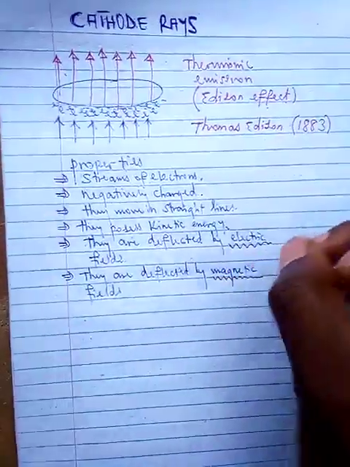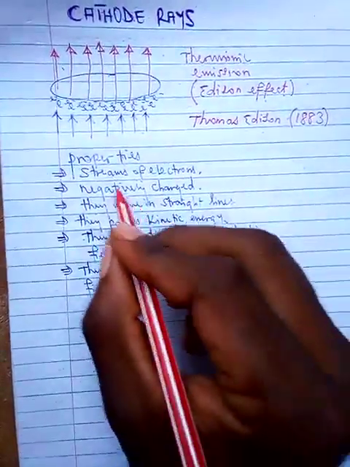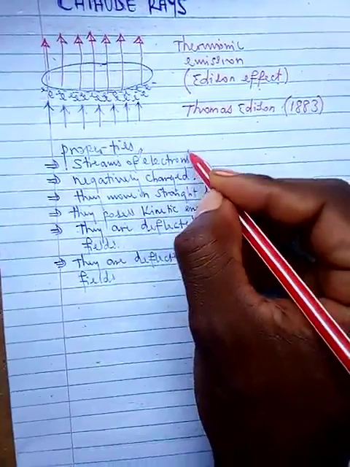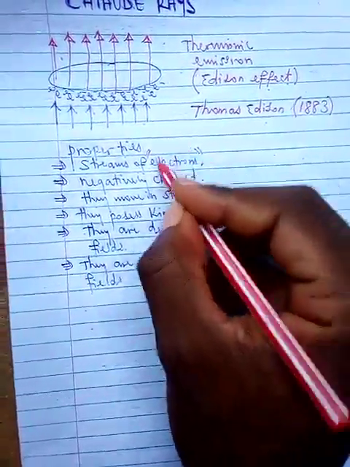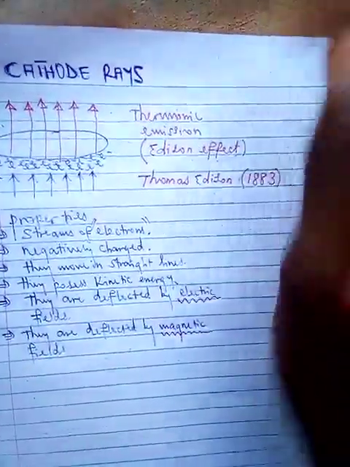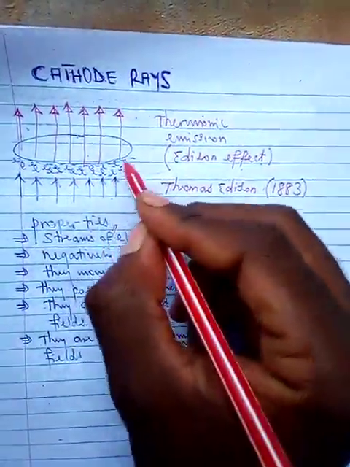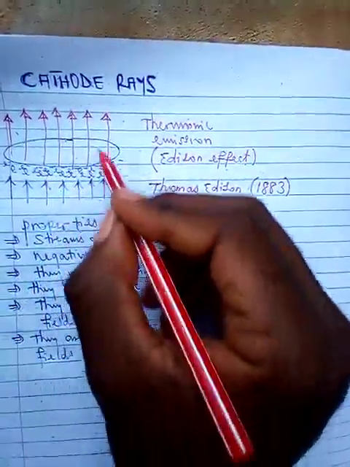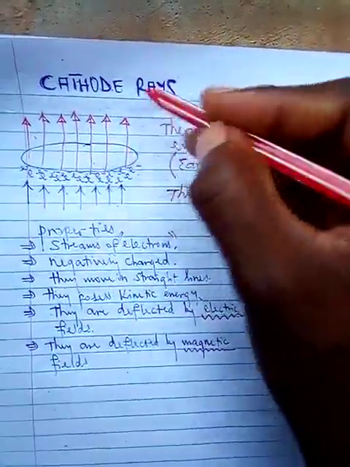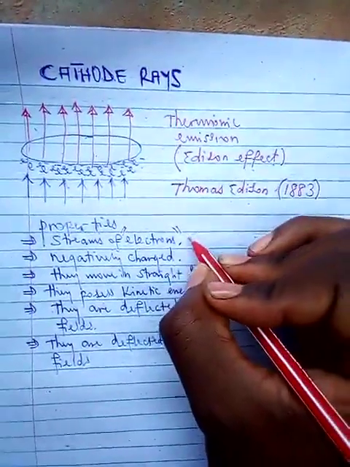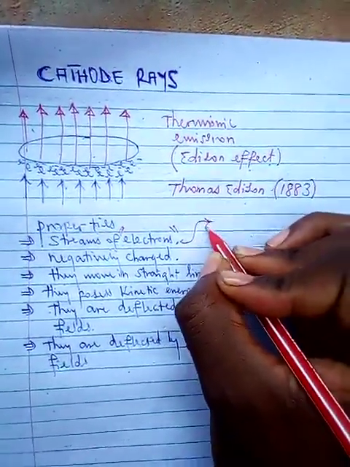An extra thing that I can give is this one. We say that these are streams of electrons. Now take note, these are electrons which are delocalized. Those delocalized electrons are the ones which are released, the ones which are emitted. I want to emphasize one point though.